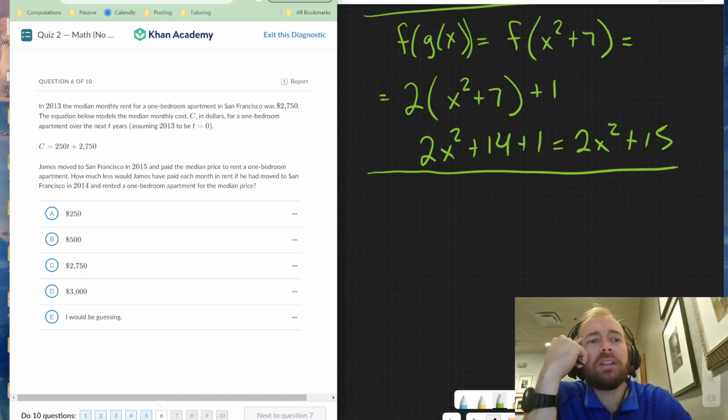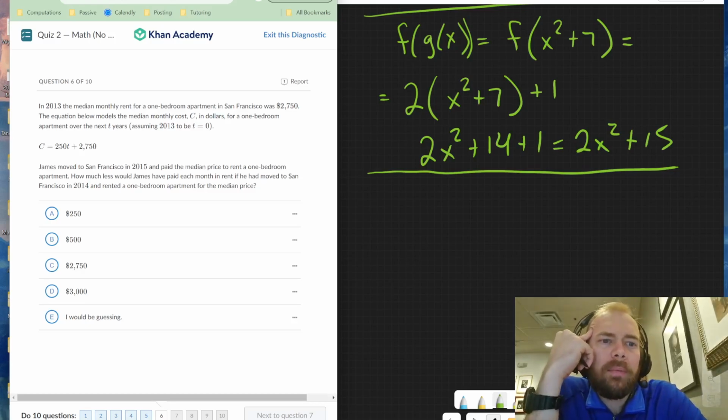How much less would James have paid each month in rent if he had moved to San Francisco in 2014 and rented a one-bedroom apartment for the median price? Okay, let's be really careful with this because they could be trying to trick us.